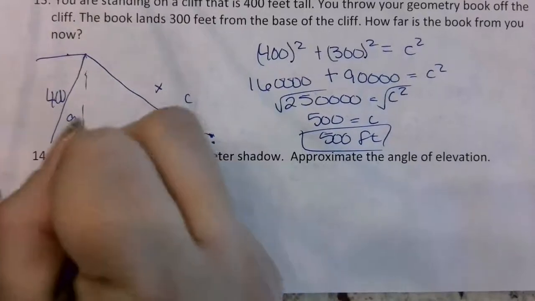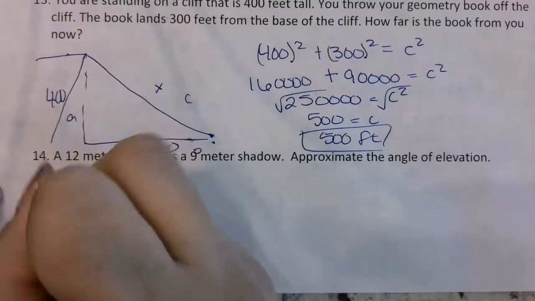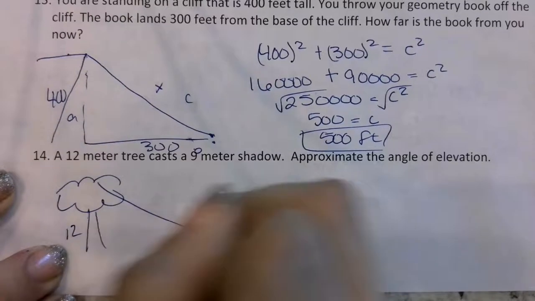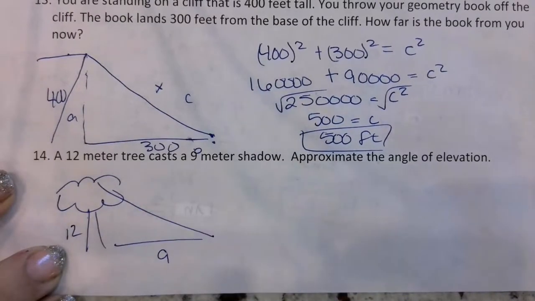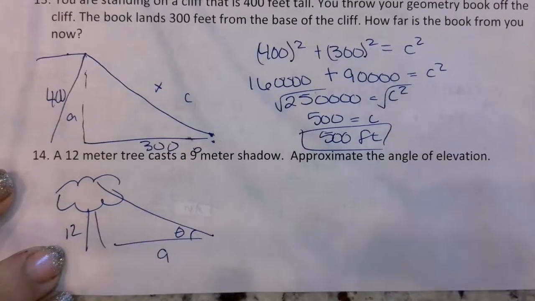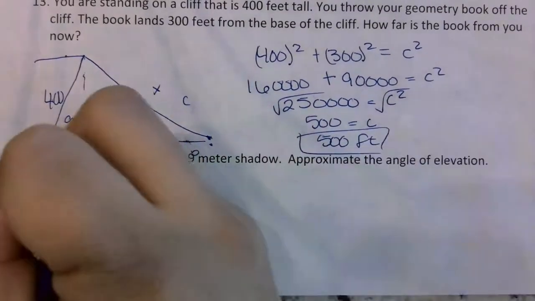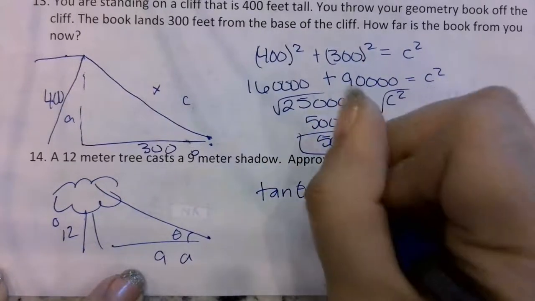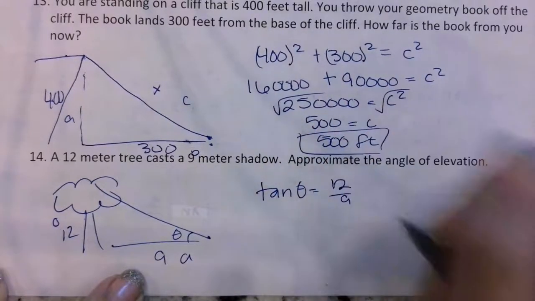On number 14, it says the tree is 12 feet tall, and it's having a 9-foot shadow. I want to figure out the angle of elevation, so that's the angle from the floor up. I have my opposite, my adjacent, so this is tangent. I have 12 over 9.